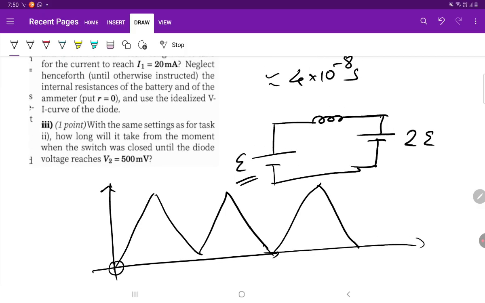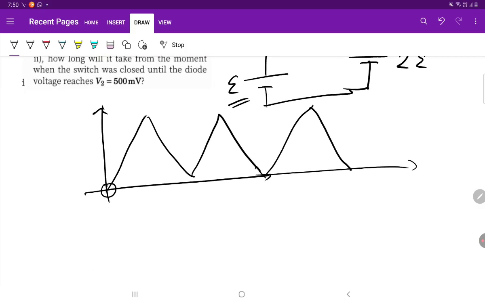Hence, the time taken will be L I by epsilon naught, which will be 4.2 times 10 to the power minus 8 seconds. Hence, we get the resulting answer.